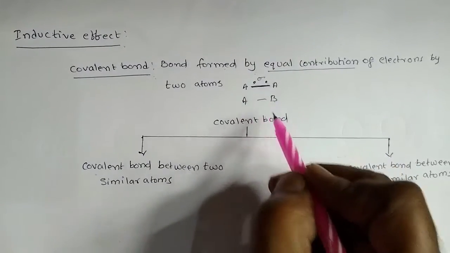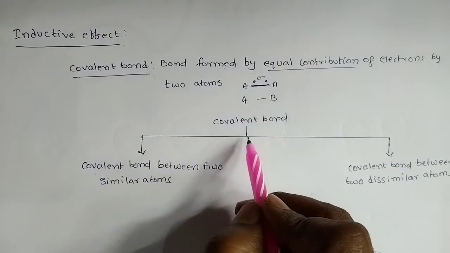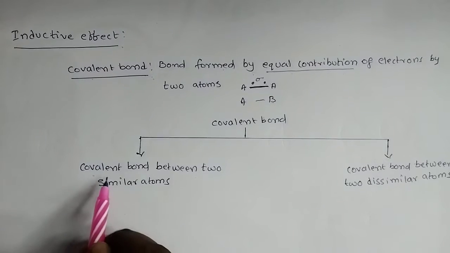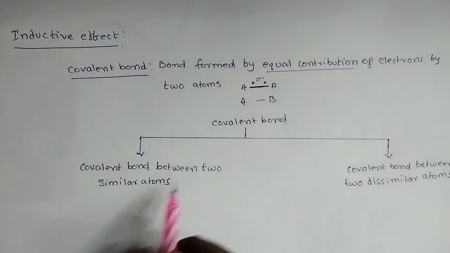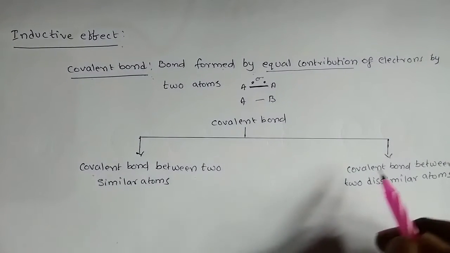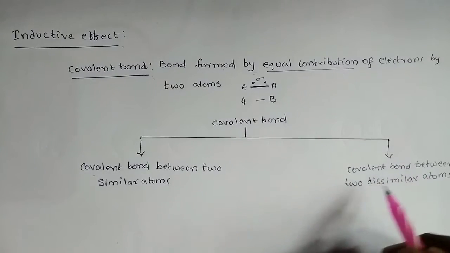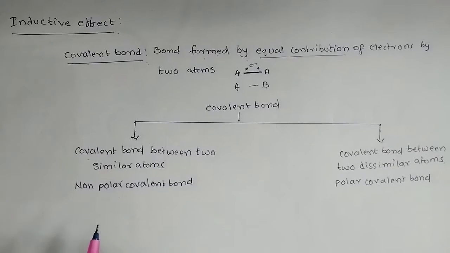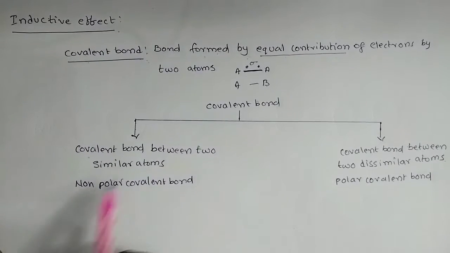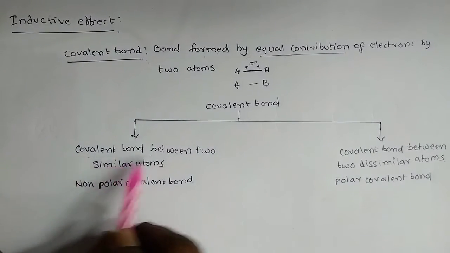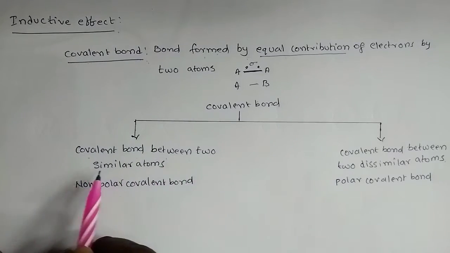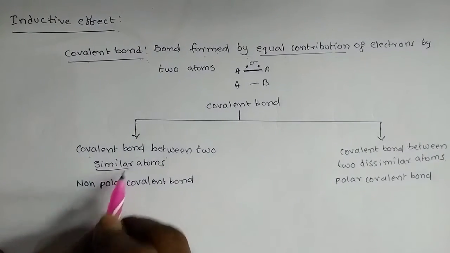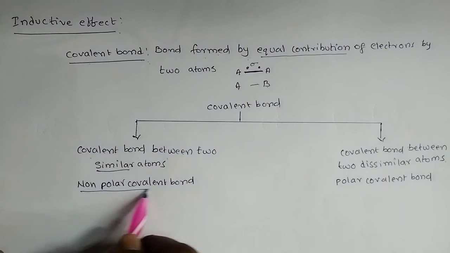Based on that, covalent bonds are again divided into two categories. That is, the covalent bond formed between two similar atoms and the covalent bond formed between two dissimilar atoms. Covalent bond between two similar atoms, this type of bond is known as non-polar covalent bond.